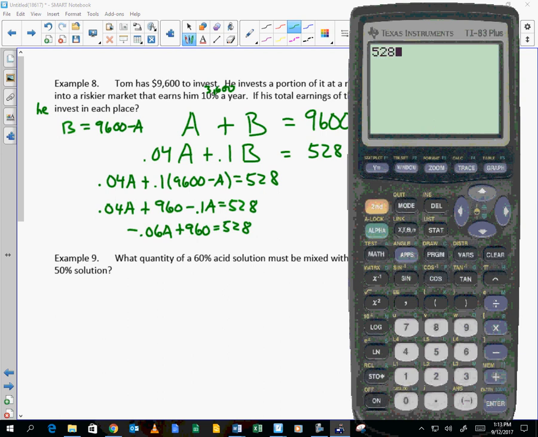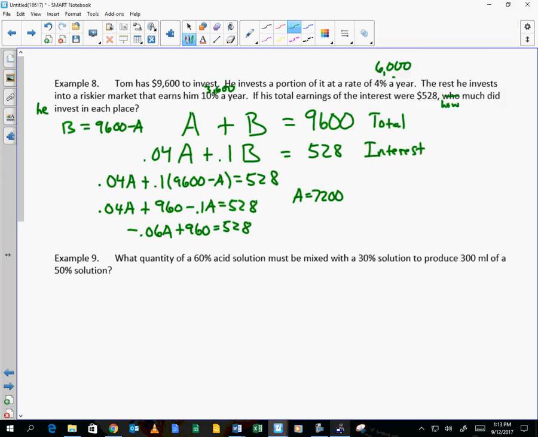Subtract 960 and divide by negative 0.06, and I get 7,200. So what does that mean?